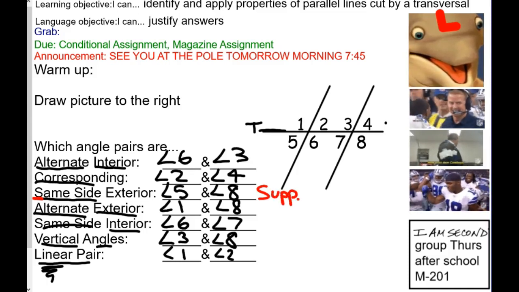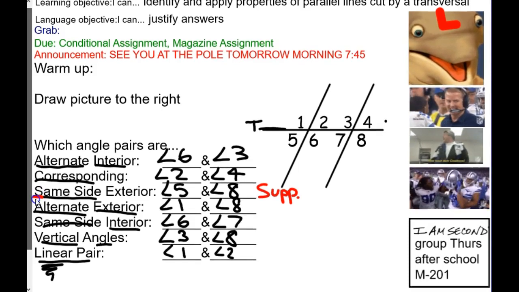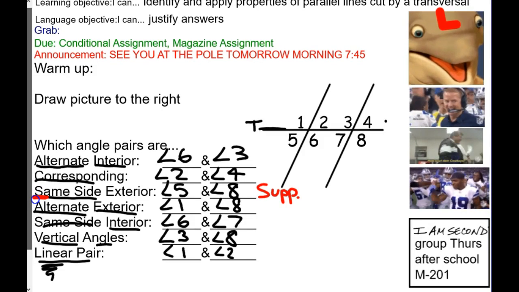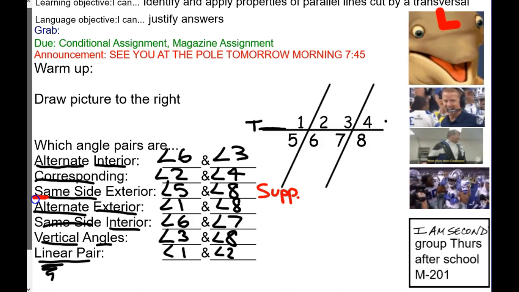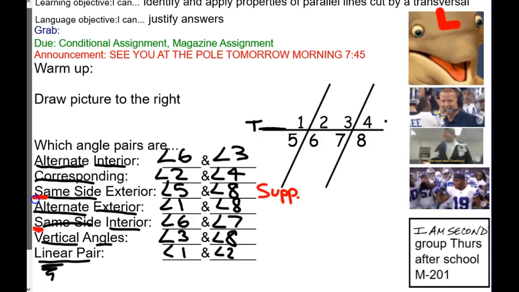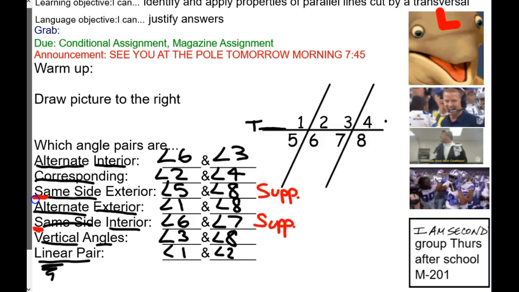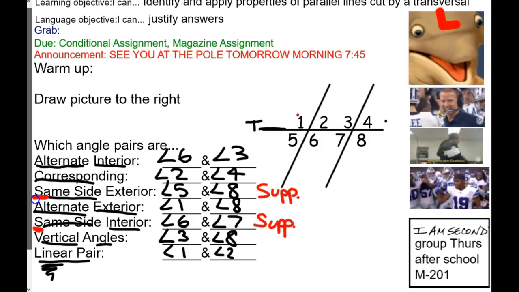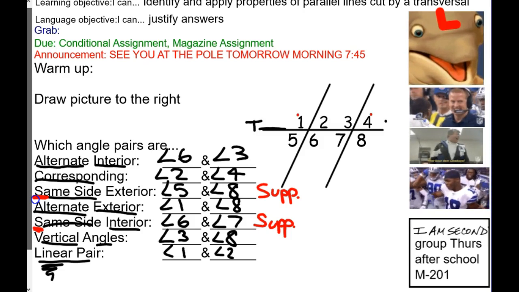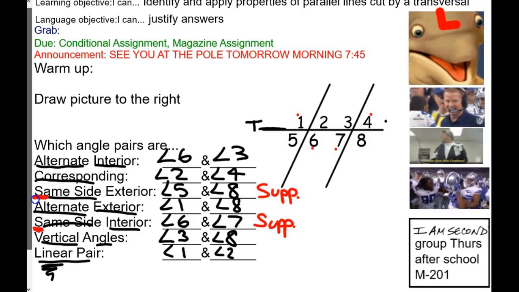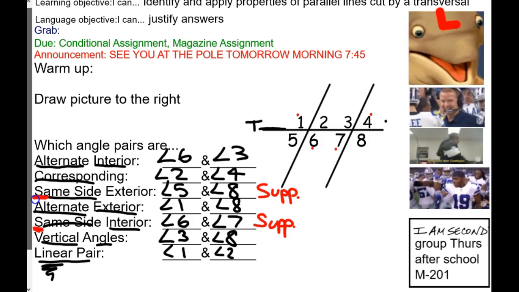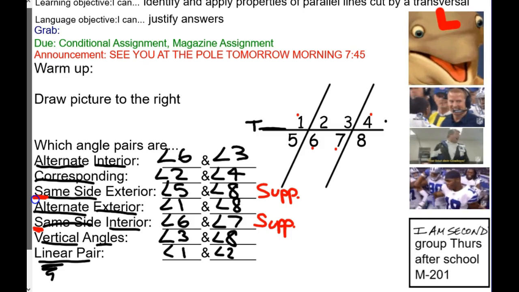So we did say this on yesterday's notes. Same side angles are supplementary. Same thing down here. Same side interior are supplementary. So that means if I know angle 1, angle 4 is going to add up to 180, because they're same side exterior. If I know angle 6, I know 6 and angle 7 are going to add up to 180, because they're same side interior.